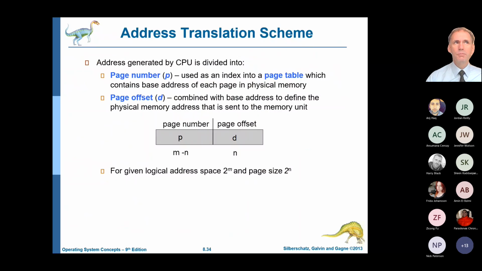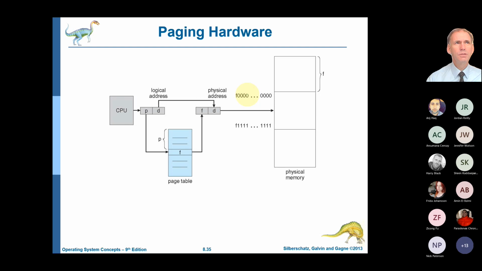Okay, so we have a page number linked to the frame, and then to find out where we are, we can still do our same thing. We get our page number and then we add the offset. Where are we within that particular page? So again, one of our usual diagrams, the CPU this time gives a page number and a logical address within it.